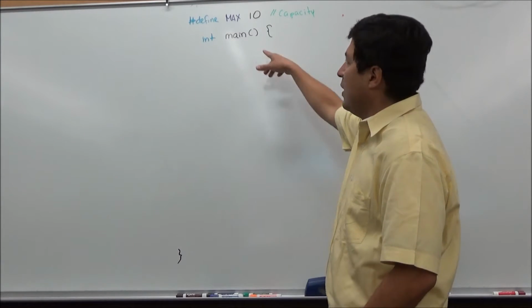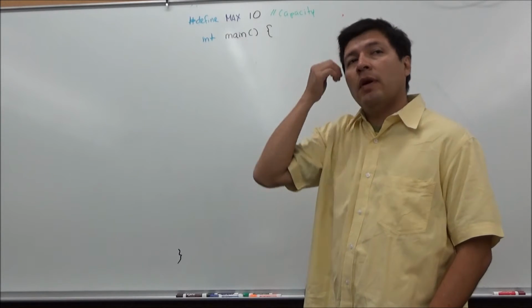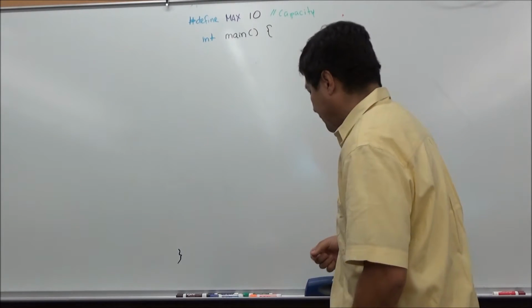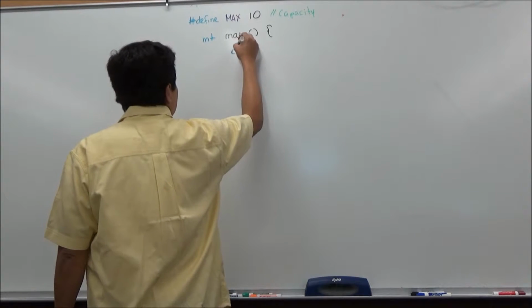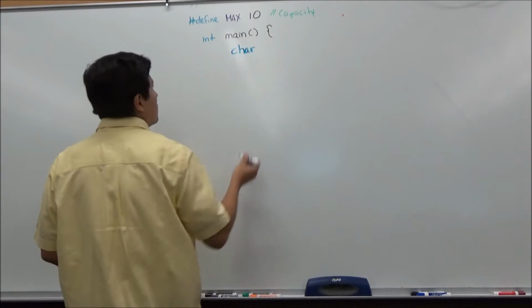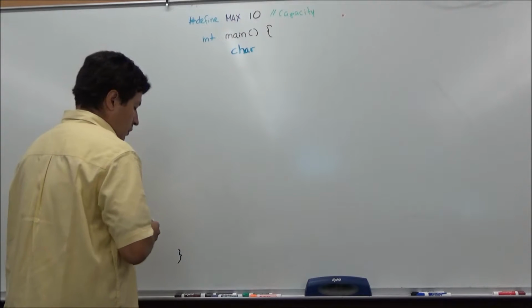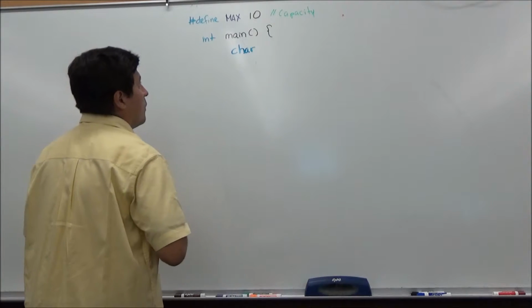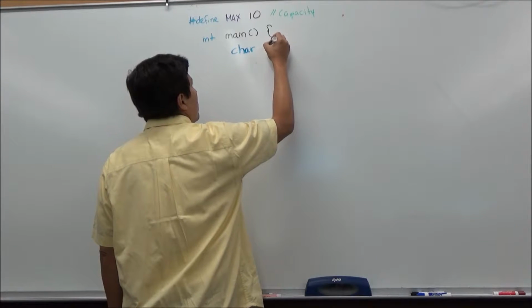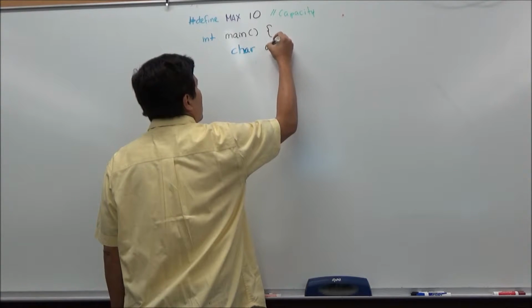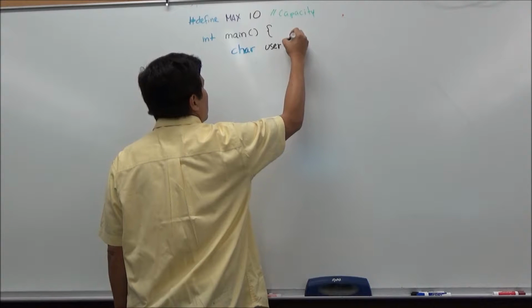So, instead of integers, I'm going to use characters. I'm going to call this user ID.